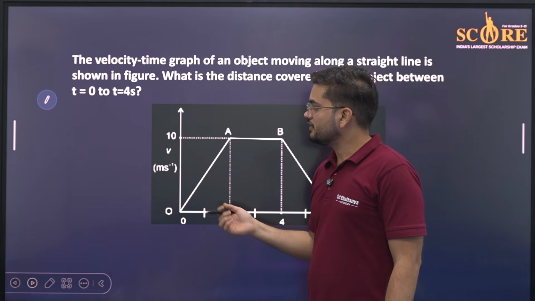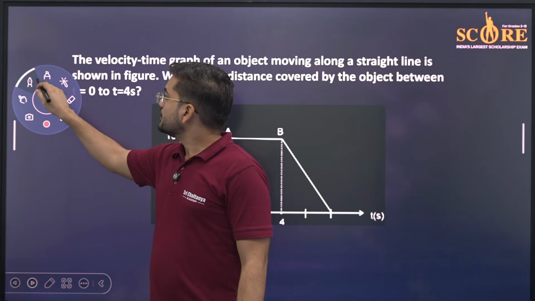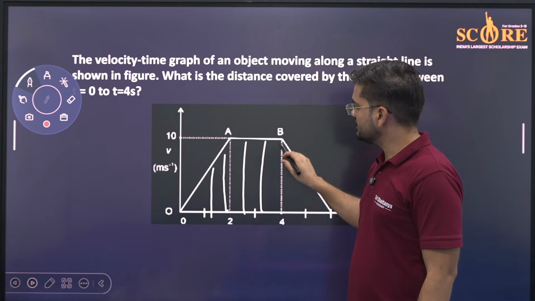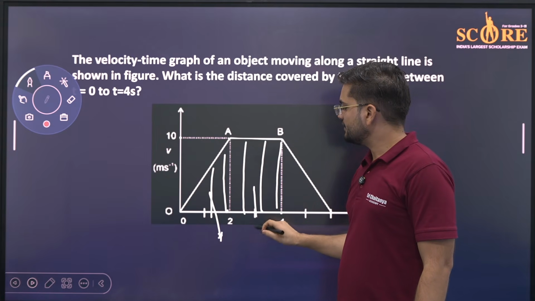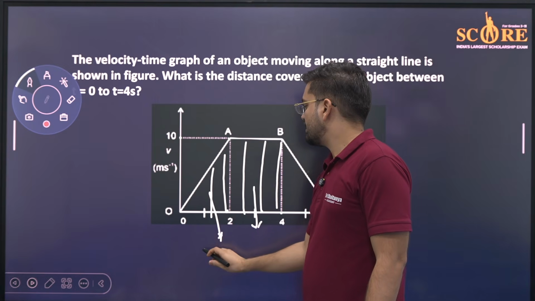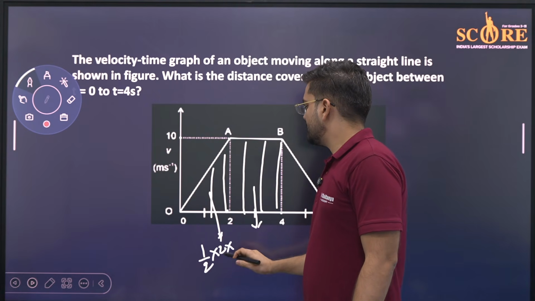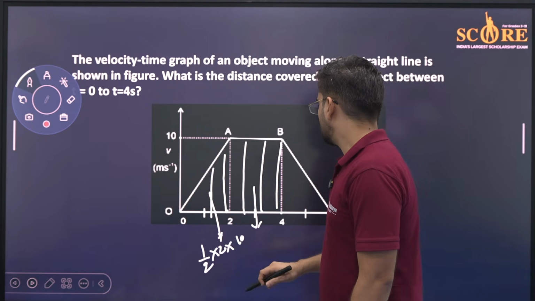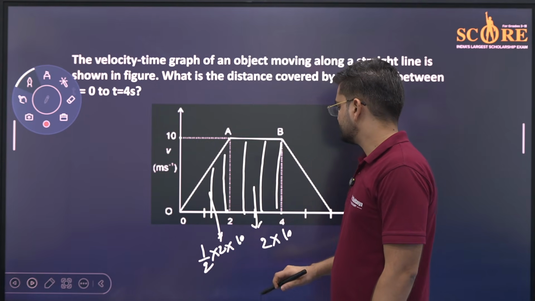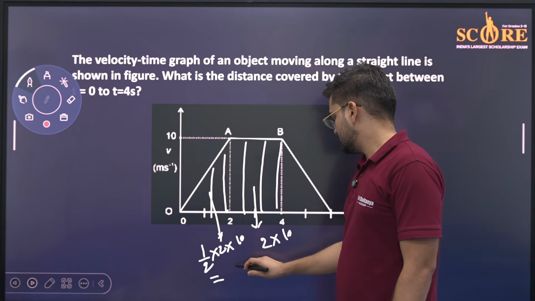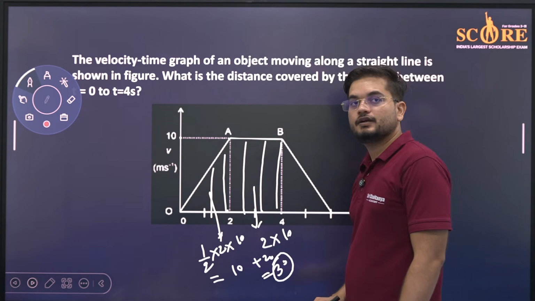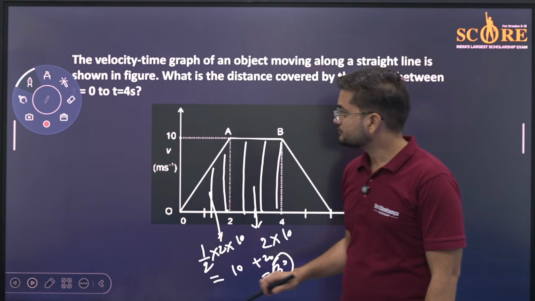So the area will be this triangle plus rectangle. The area of the triangle is half base into height, and the area of the rectangle is 2 into 10. So the answer is 10 plus 20, 30 meter. Clear?